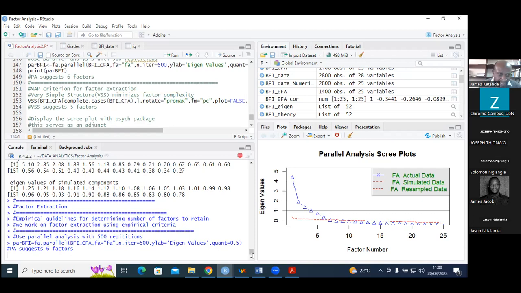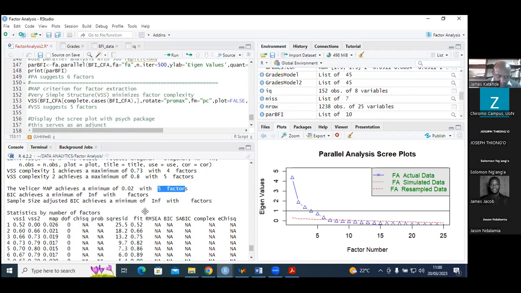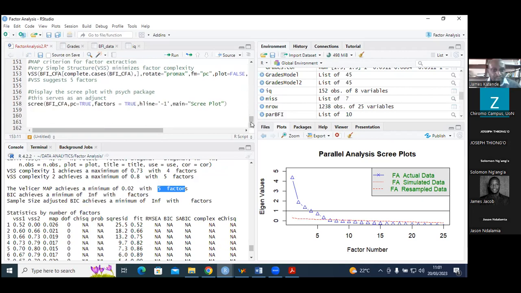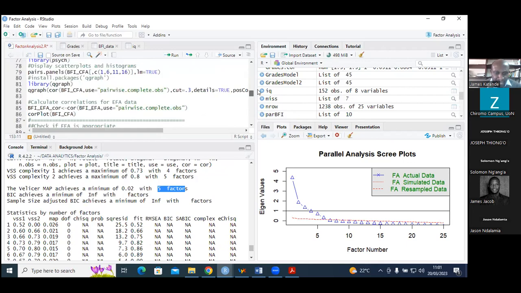So it takes a bit of time to run. So you can see it achieves a minimum at 5 factors. So it suggests that there should be 5 factors. So the two suggest 5 and 6, and those can be tested using the BIC to determine which one is the best to pick. So I think I will stop there.